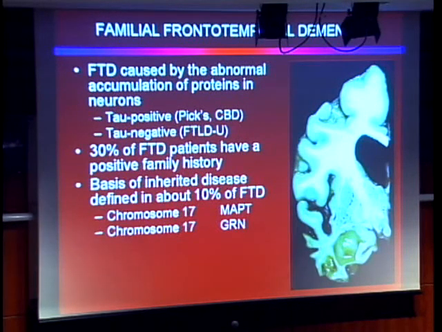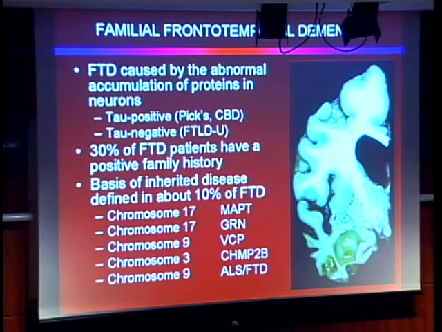This past summer, other researchers found another mutation that just happened by chance to occur on chromosome 17, called progranulin. Chromosome 17 MAPT is associated with tau positive problems, and chromosome 17 progranulin is associated with tau negative disease when we look at our autopsy series.